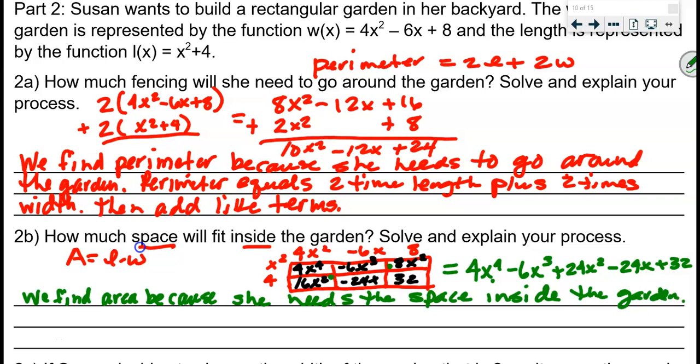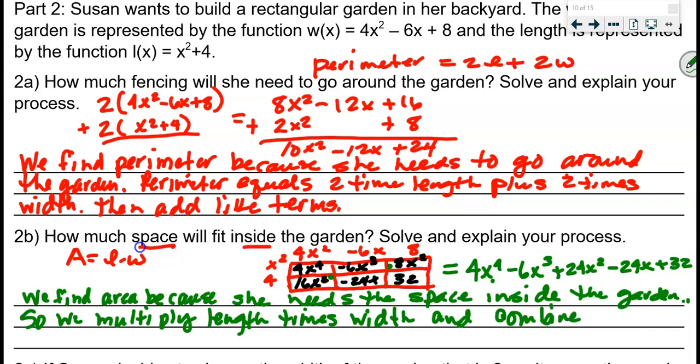And now let's explain how we do that. So we multiply length times width and combine like terms.